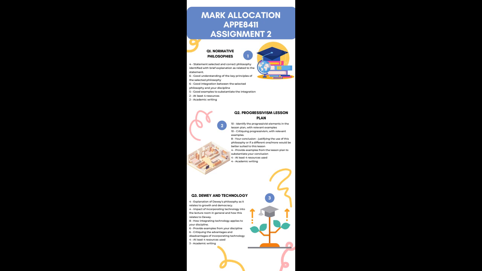And then in your conclusion for that, you're going to say, well, this lesson plan was intended to be from a progressivist point of view, but due to these 2 or 3 or 4 elements, and due to the concept they want to get across, I don't think this is the best approach.